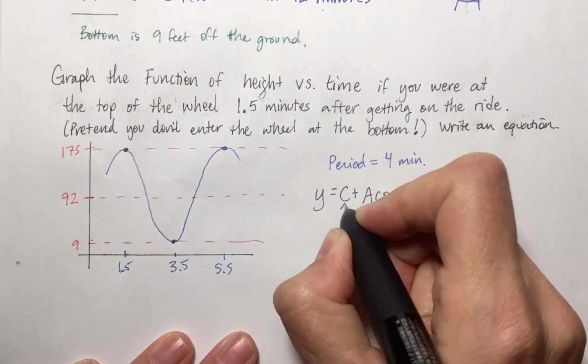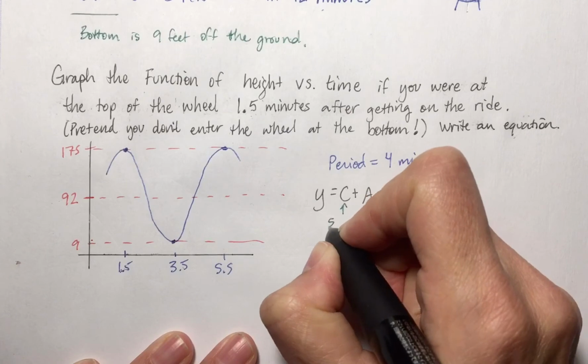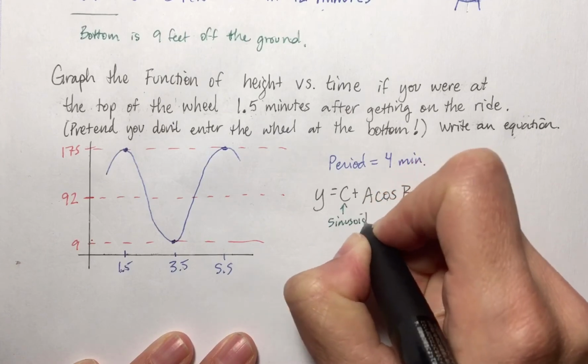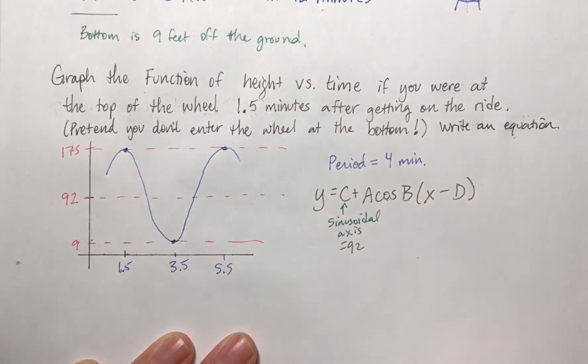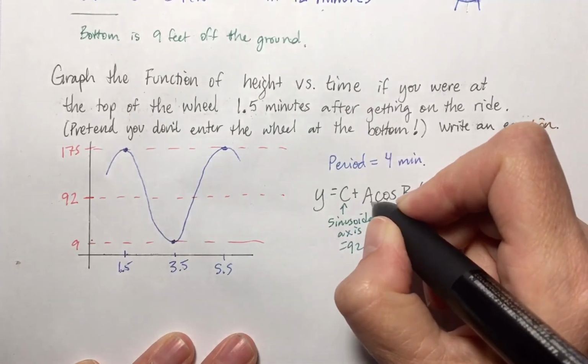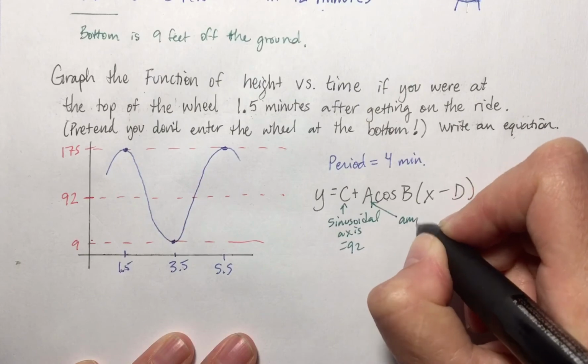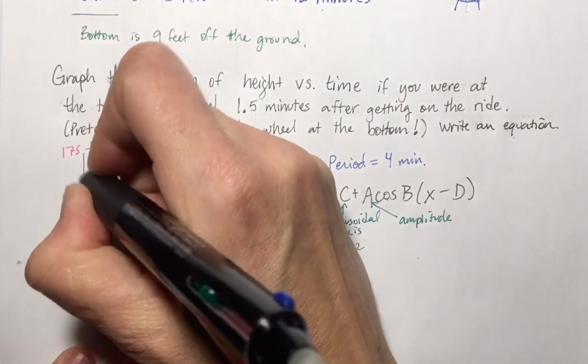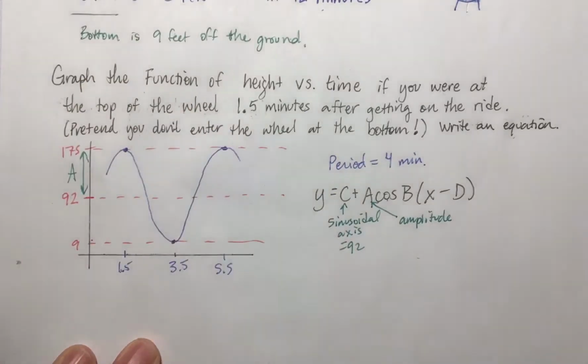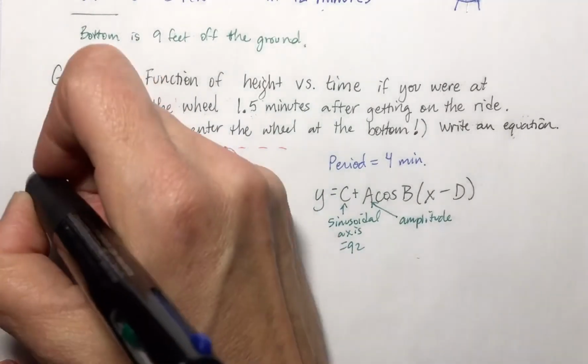So c, being our sinusoidal axis, is the middle. So in our case, 92. The a is our amplitude, which is this distance here, and that is 83 feet.